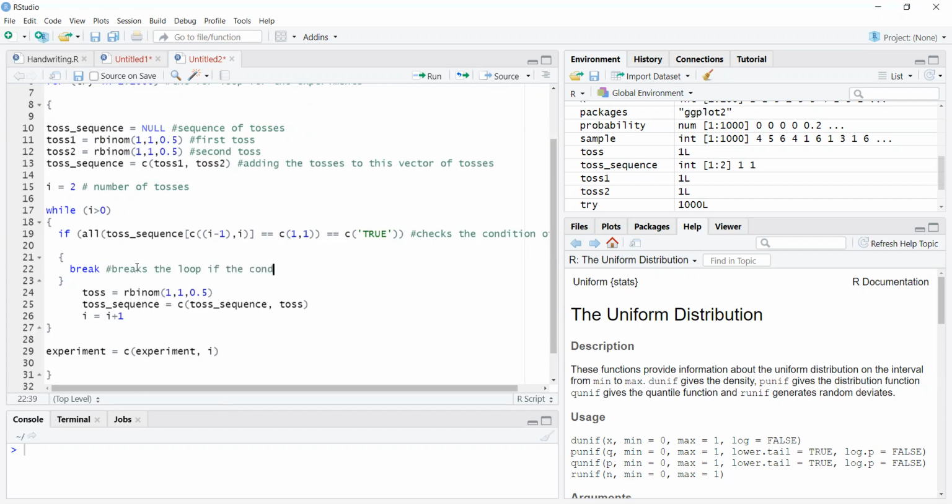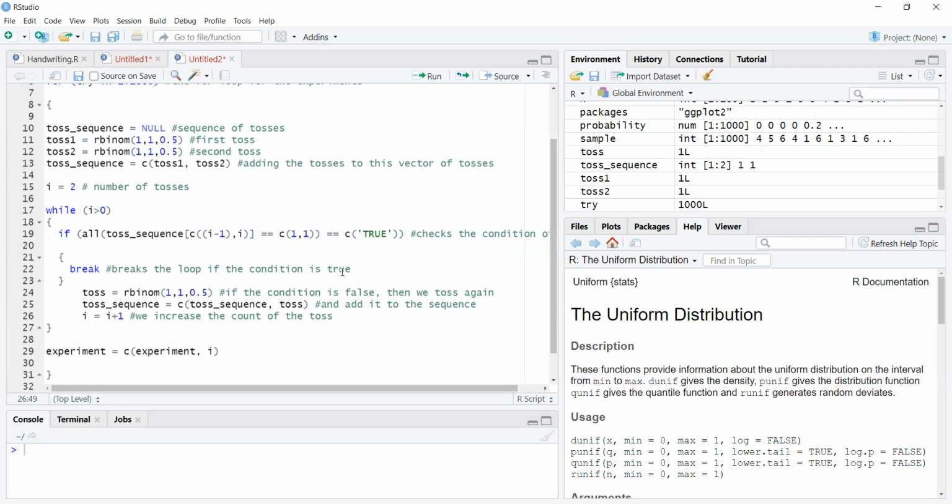If the condition is false, then we toss again and add it to the sequence. Makes a lot of sense. And we also increase the count of the toss.